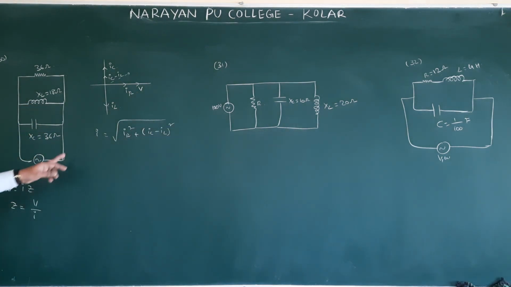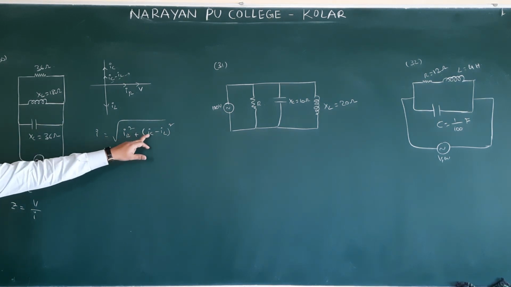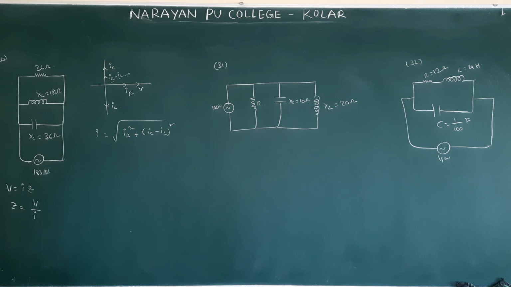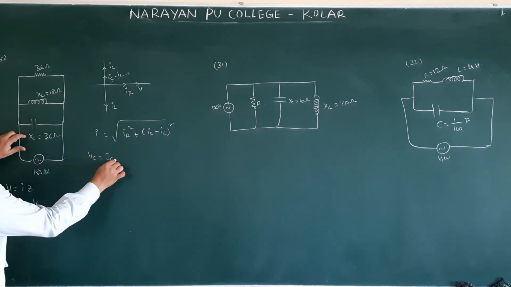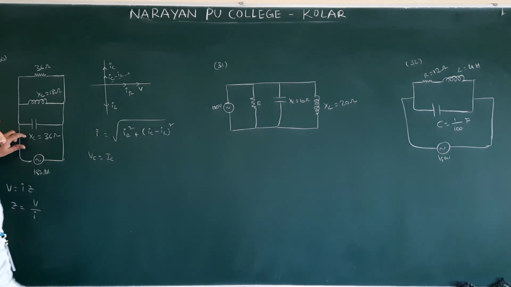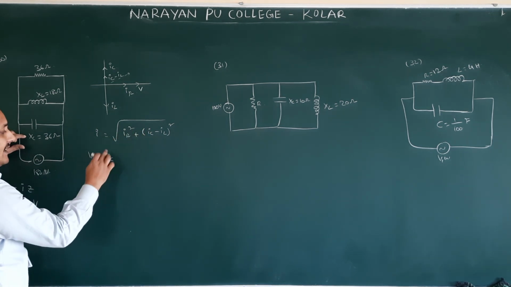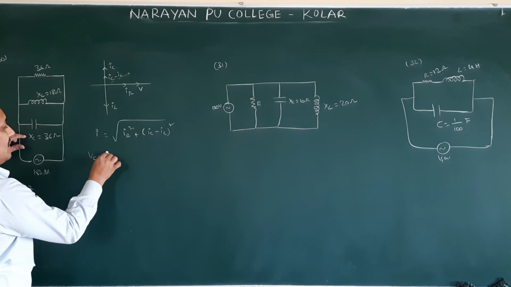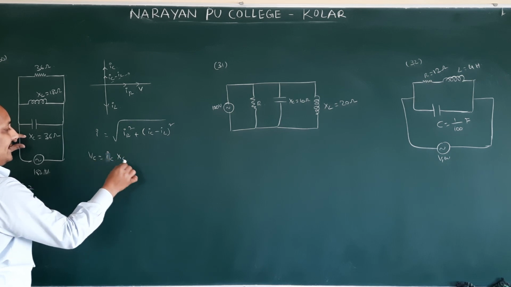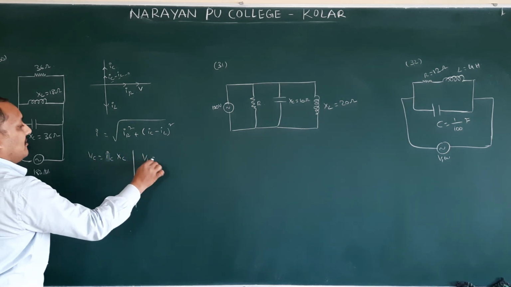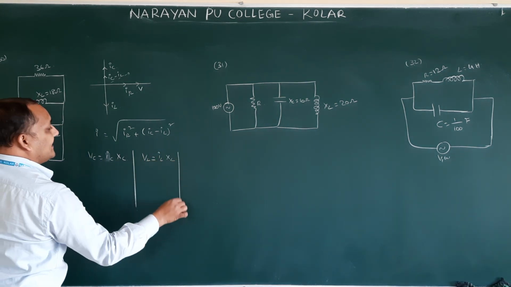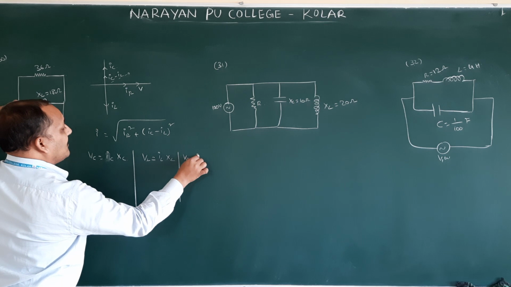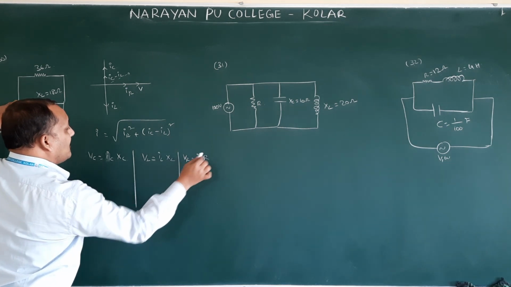Correct? This is the resultant current formula. Now we have to find IR, IC, IL like in the previous question. The voltage across the capacitor VC is equal to IC into XC. VL is equal to IL into XL. VR is equal to IR into R. Here I wrote small letters, here I am writing capital; both are the same.